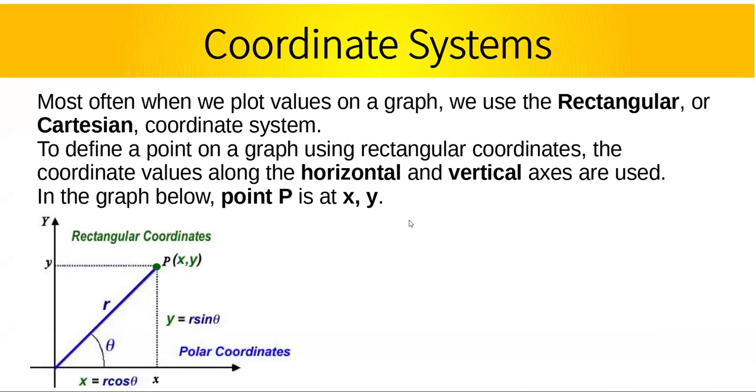Okay, we usually plot things on a rectangular or Cartesian coordinate system. We define a point by going on the x-axis and the y-axis and then drawing that magnitude line, or like we did for polar, we look at the angle.